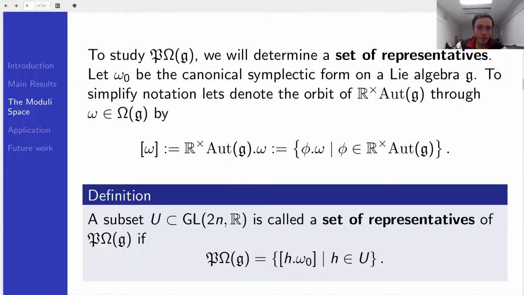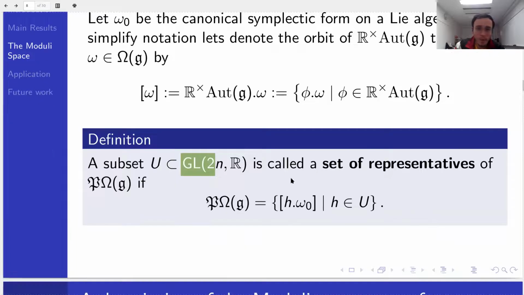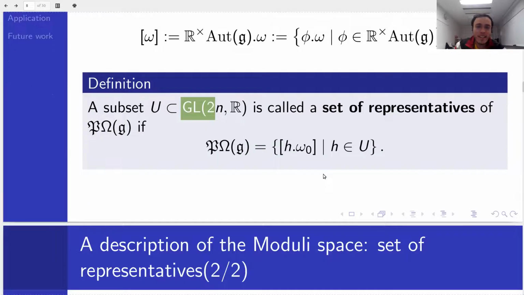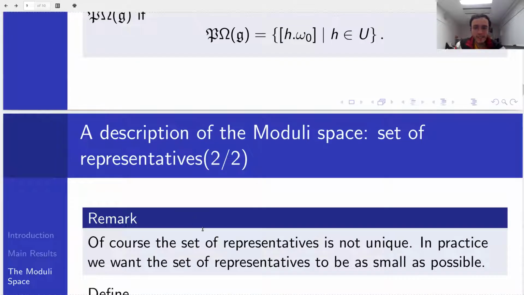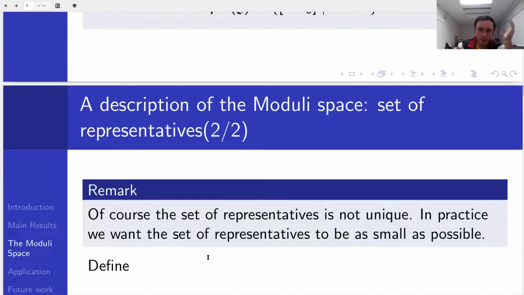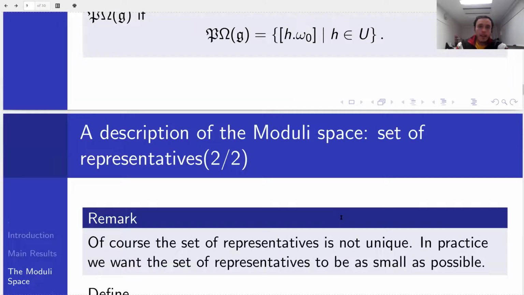You can take, for example, the complete space, and that will be a set of representatives. But even though the set of representatives is by far not unique, in practice we want it to be as small as possible, or as nice as possible.